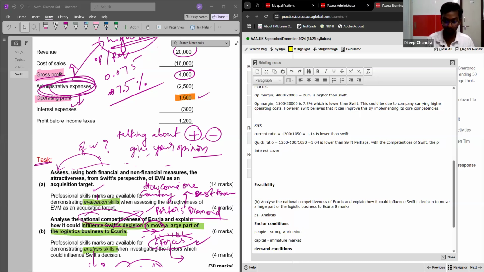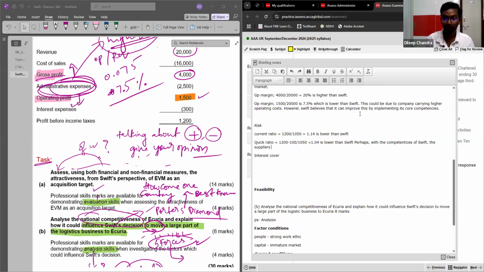I'll say the suppliers may be paid promptly so that the liquidity of EVM is improved. Okay. Only those two things they have asked in risk.